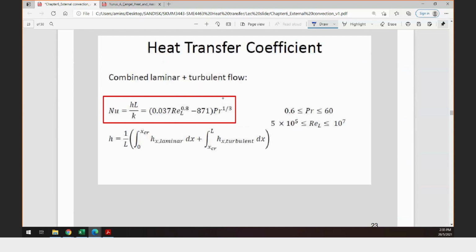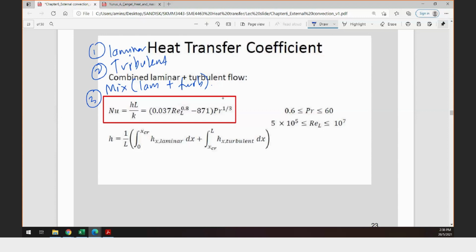Can you imagine? You have a laminar case, you have a turbulent case, and the third one is a mix of laminar plus turbulent.